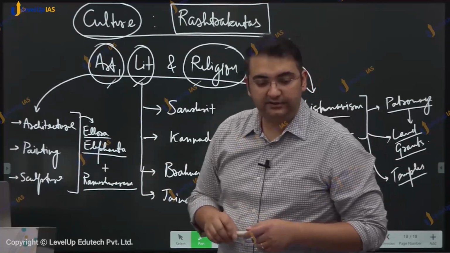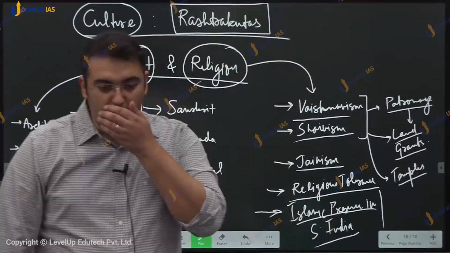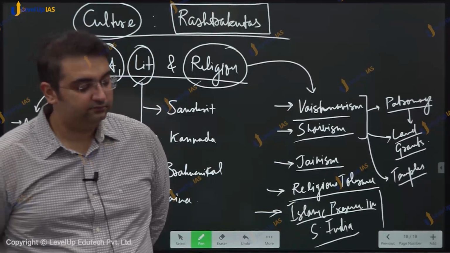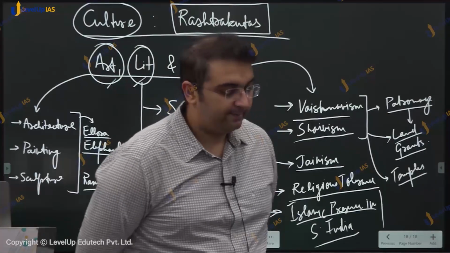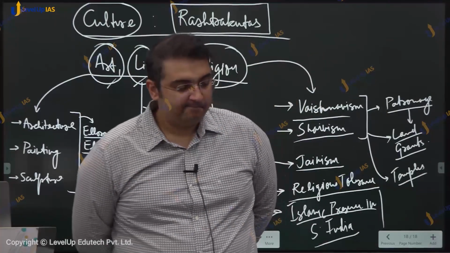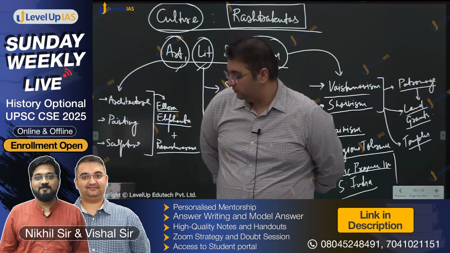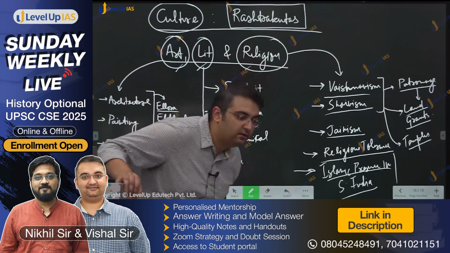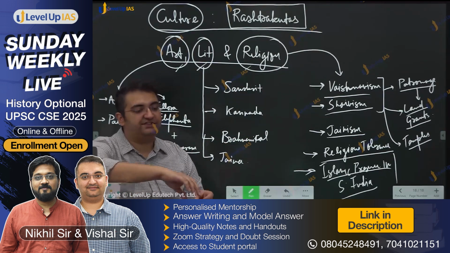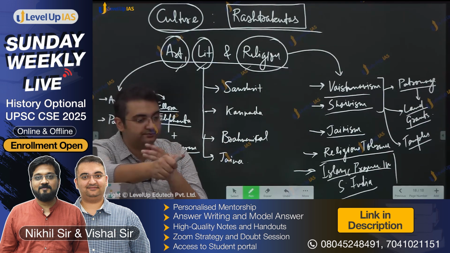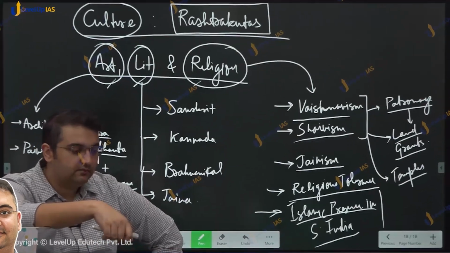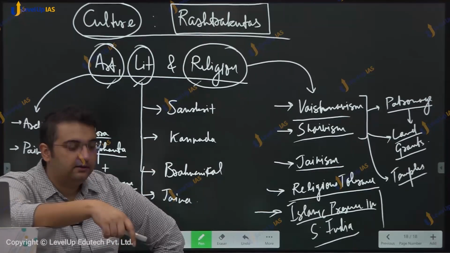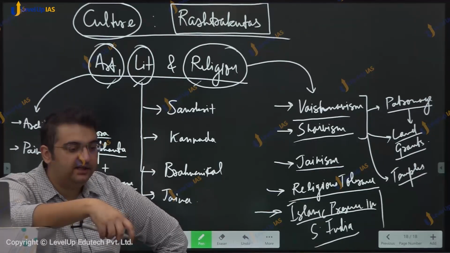The Rashtrakutas ruled over a powerful empire covering the Deccan and large parts of central India and the deep south, between the 8th and 10th centuries CE.